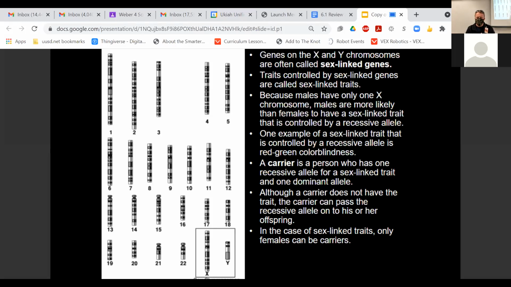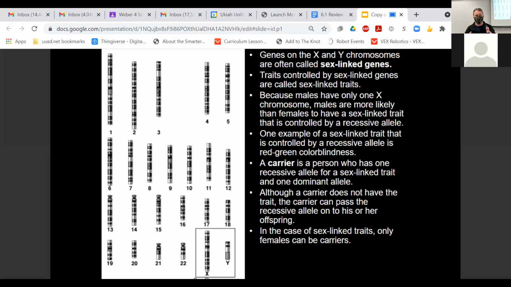Deal with it. Okay, so genes on the X and Y chromosomes. Remember, double X is female, XY is considered male. We are not talking about what's going on culturally. We're talking about the actual male or female chromosomes.